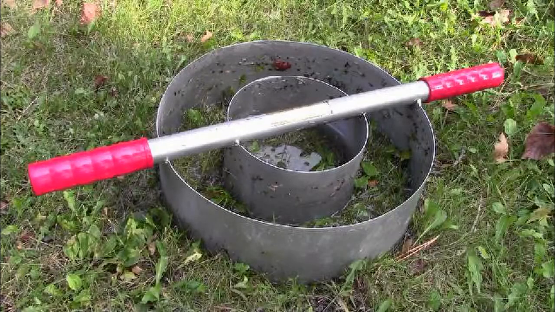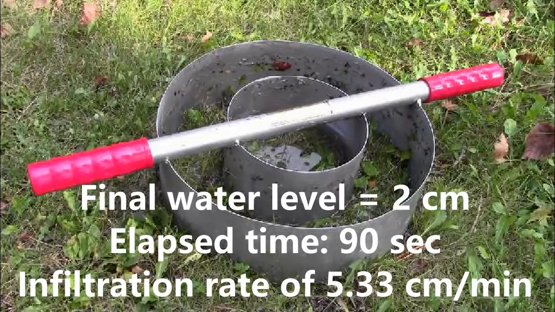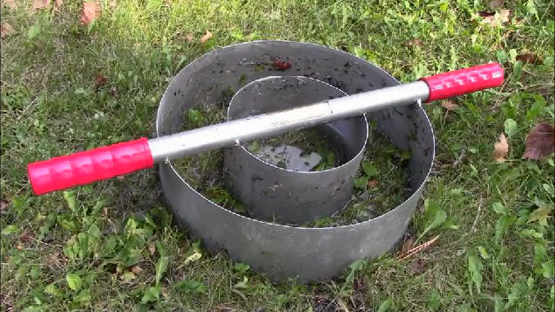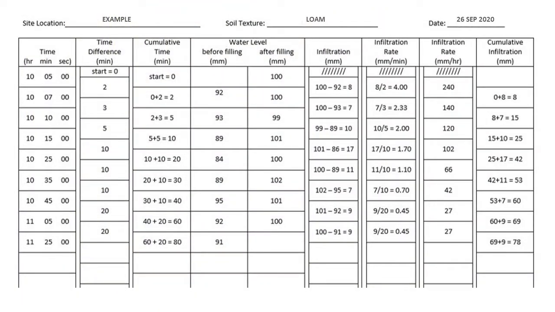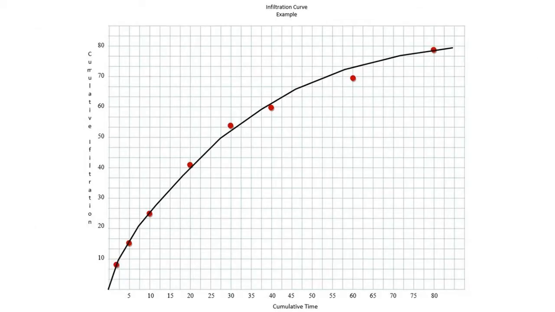This gives us an infiltration rate of 5.33 centimeters per minute. To get a true measure of the infiltration rate, we have to take measurements for at least a 6-hour period. Once the data is collected, an infiltration curve can be created. This will give us a better idea of the soil's ability to infiltrate water.